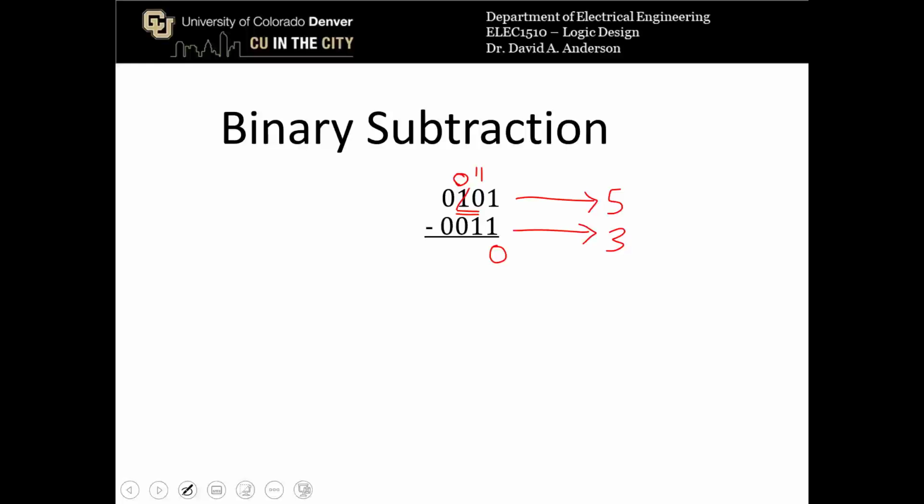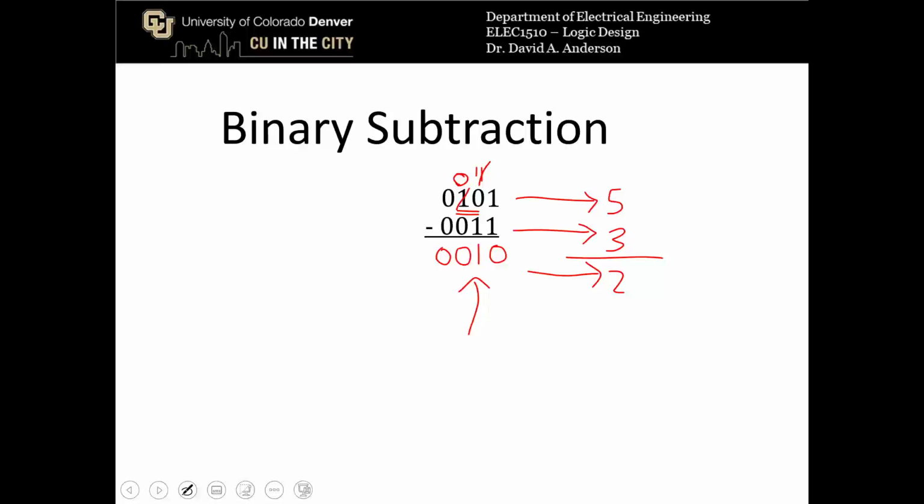So now we have two 1s minus 1 1 is a single 1. So we used up one of these. Now 0 minus 0 is 0, and 0 minus 0 is 0. So 5 minus 3 equals 0010, which is 2, so that works out. And that's how you perform binary subtraction.